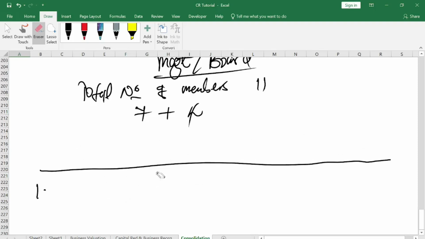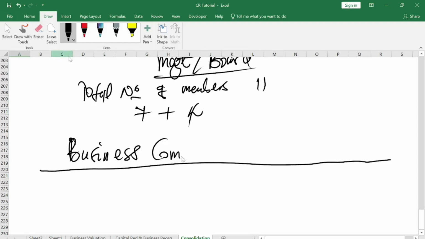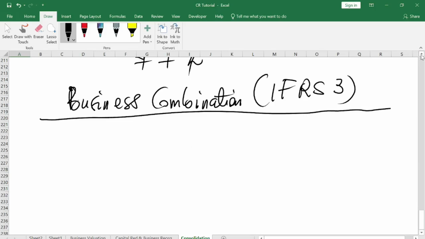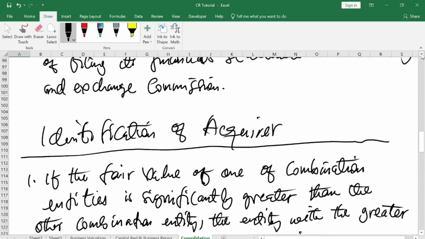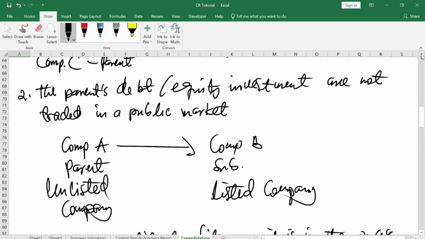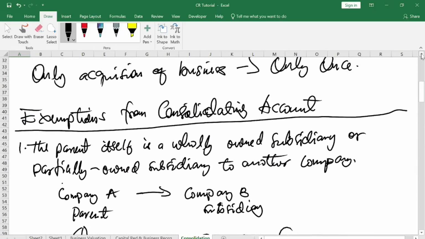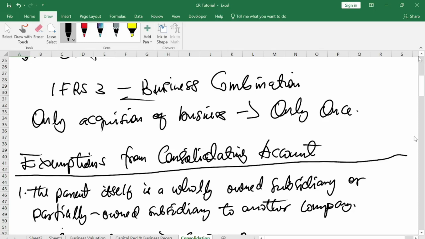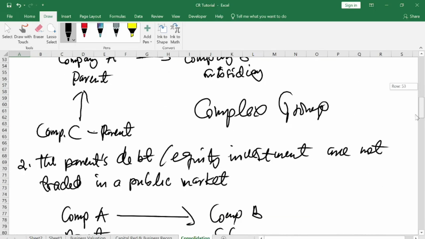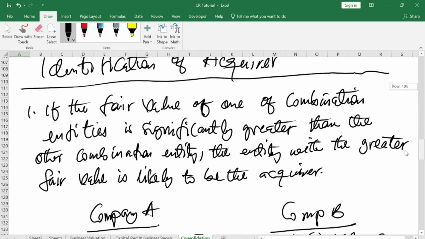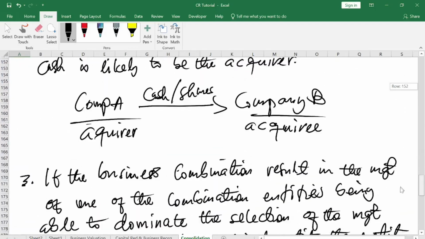So here I started talking about IFRS, business combination, pertaining to acquisition or consolidation issues and all that, right? I started talking about exemption: at which point can we say that a company can consolidate another company, what are some of the exemptions, and identification of acquirer and acquiree.